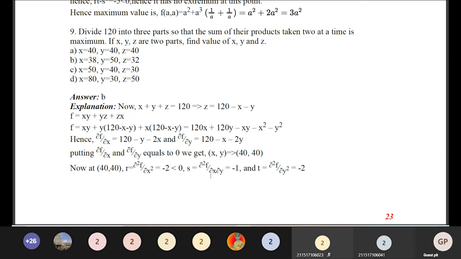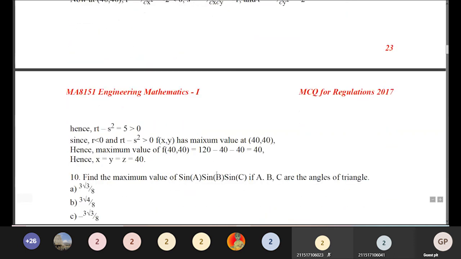Then, as usual, dou f by dou x and dou f by dou y equal to 0. So we get x value and y value as 40, and r value negative, s value negative, t value negative. rt minus s square is positive and r is less than 0. Therefore, it has a maximum value.